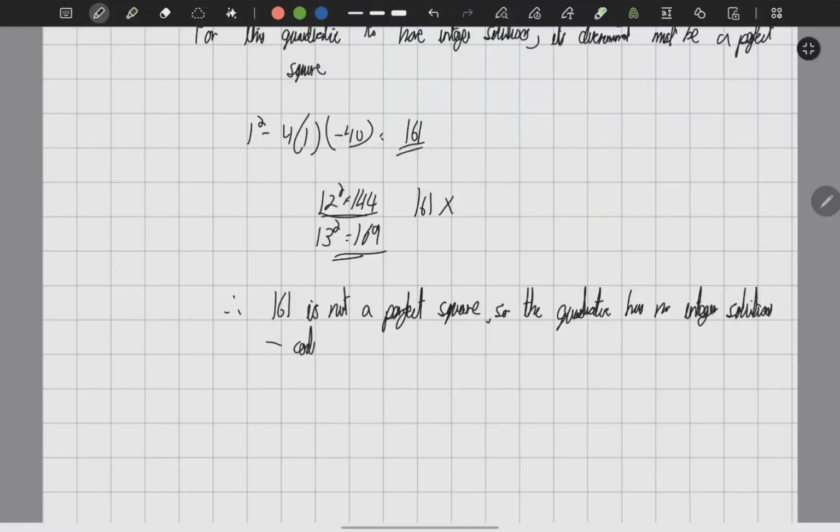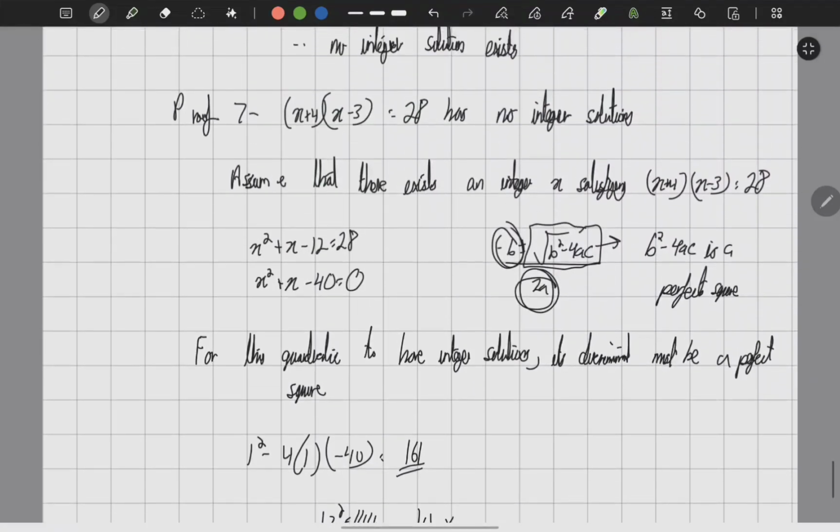So contradiction. I can just write, therefore, (x plus 4)(x minus 3) equals 28 has no integer solutions. There we go. Okay, now that was proof 7.